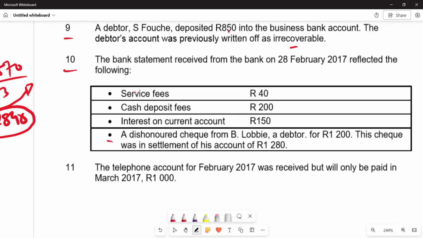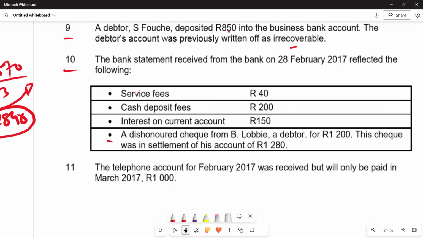This check was a settlement of his account of 1,280. You see now. So when we received this check, we adjusted in our books that we've received it, and we processed it with a discount allowed inside.